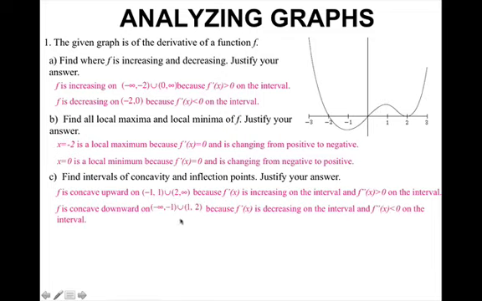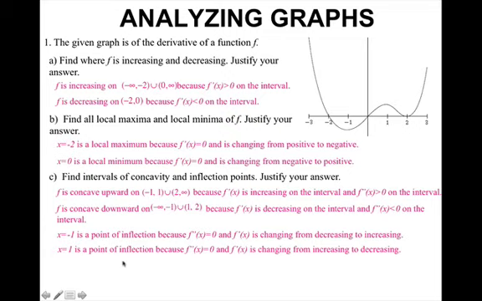F is concave downward from negative infinity to negative 1 and from 1 to 2 because f prime is decreasing on the interval and f double prime, so the little tangent lines on f prime, are negative. And x equals negative 1 is a point of inflection because f double prime would equal 0. You have a horizontal tangent line on f prime, and f prime is changing from decreasing to increasing.